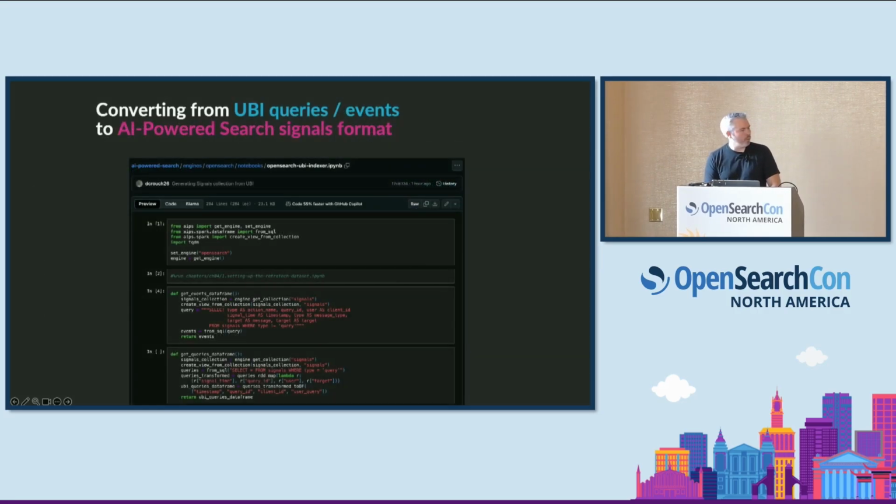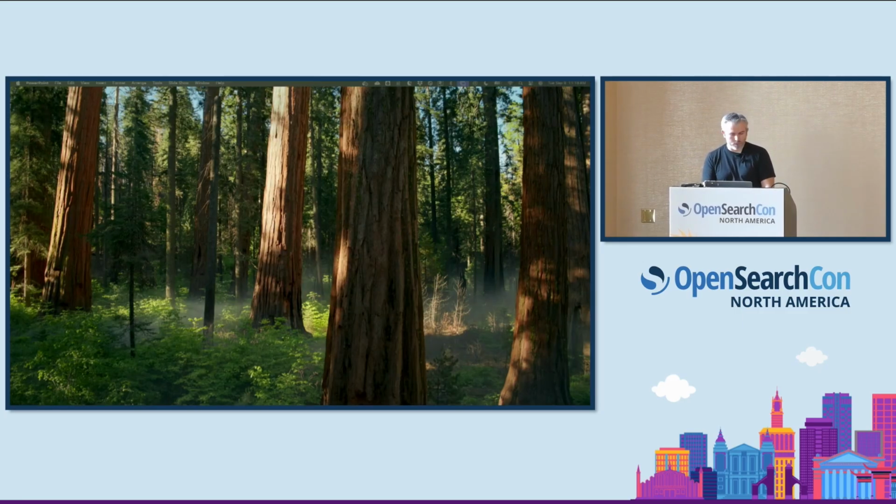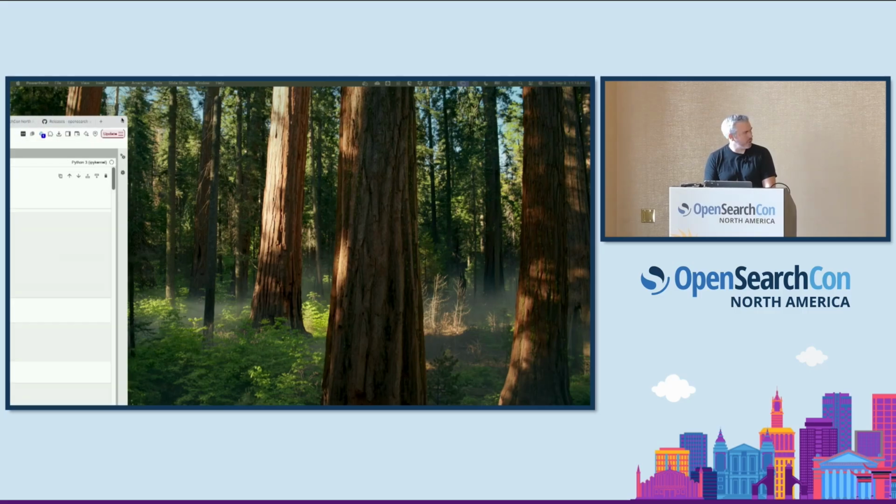We have a notebook that will take the data set in AI-powered search and send it into OpenSearch, either directly as a bunch of searches and follow-on signals, synthesizing real user behavior, or we've got a Spark job that'll just load them directly in so that you can use what's in your OpenSearch cluster with all the algorithms in the book. I'm going to flip over screens for a second and show you what those notebooks look like.